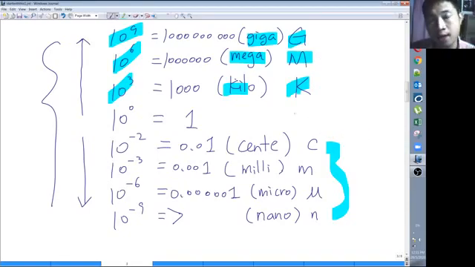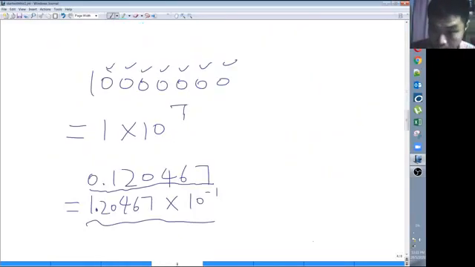So your answer is 1.20467 times 10 to the power negative 7, right? Oh, negative 1. Let me double check. Oh yes, so it's 10 to the power negative 1.